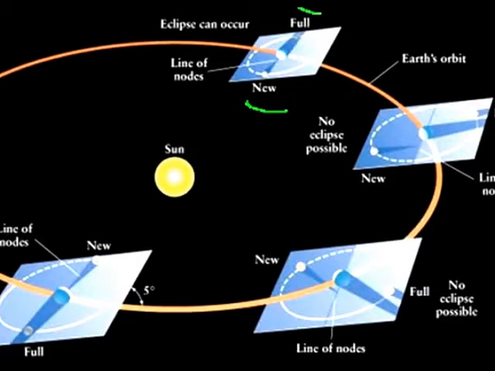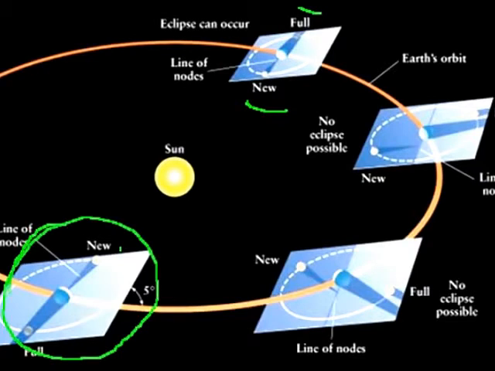Quite simply, an eclipse is a shadow. It's a shadow of the Moon or a shadow of the Earth. So at these 2 particular times noted, the one at the bottom and the one at the top, the Moon's shadow would touch the Earth. We would have a solar eclipse at this point.